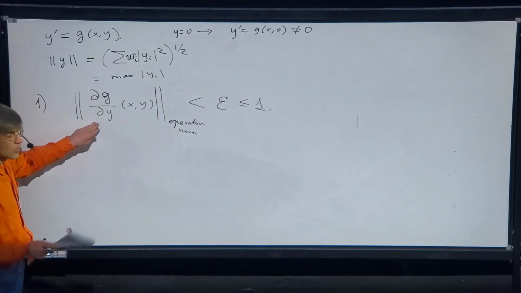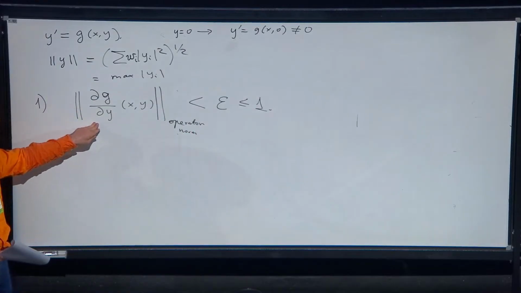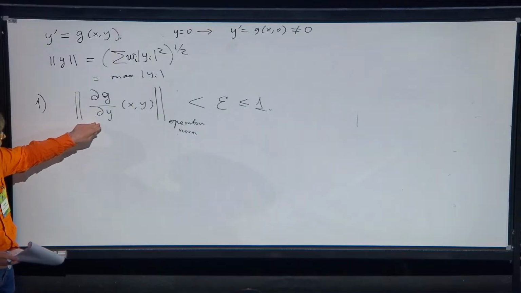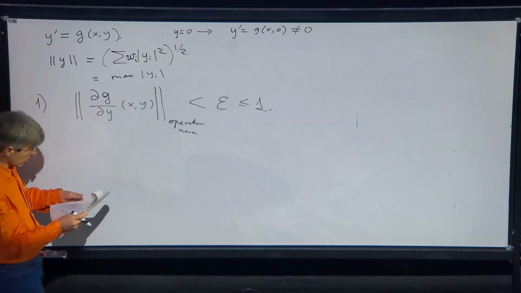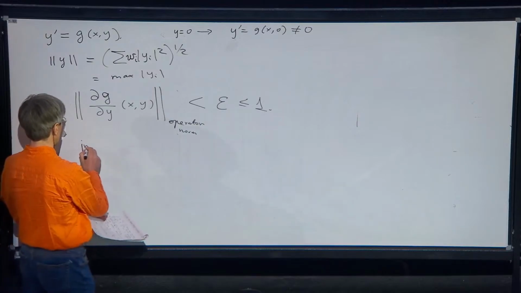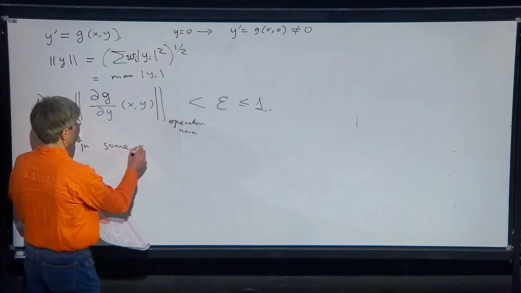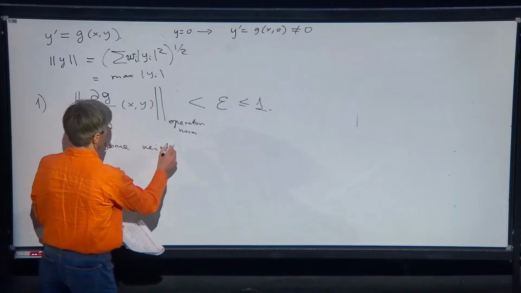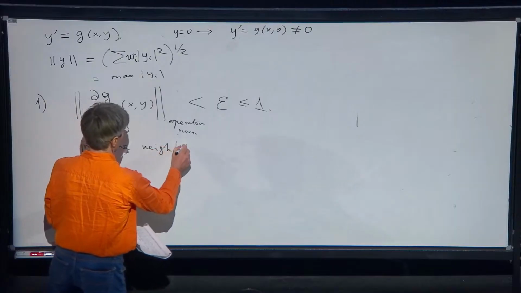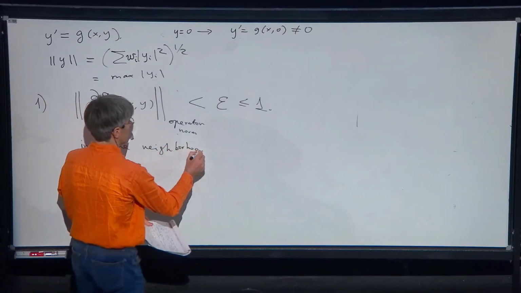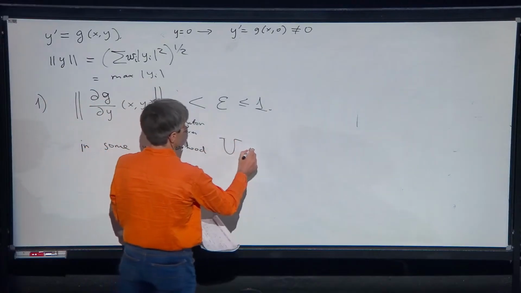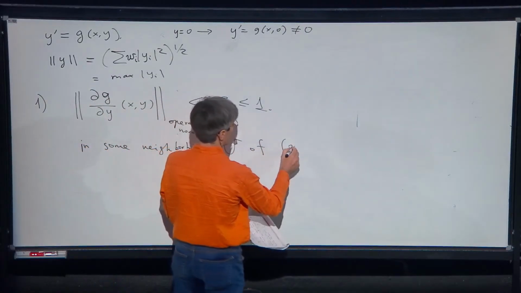Do you need this for all y, or just for small y? Yeah, this equation has to be true in some neighborhood, let me call it U of the point x0, 0.